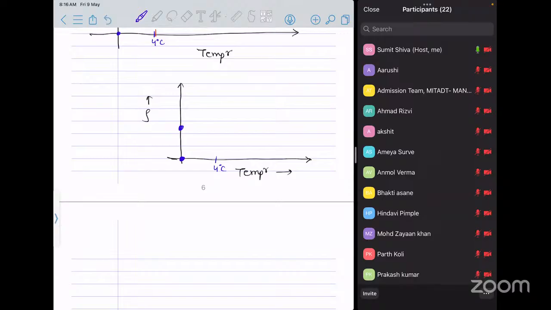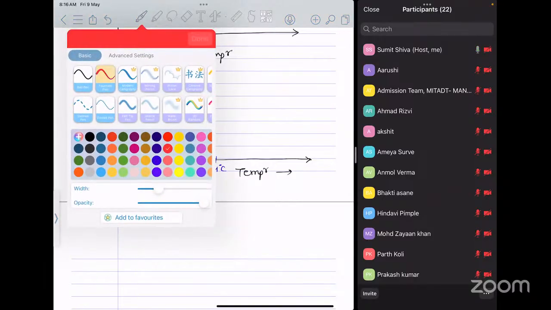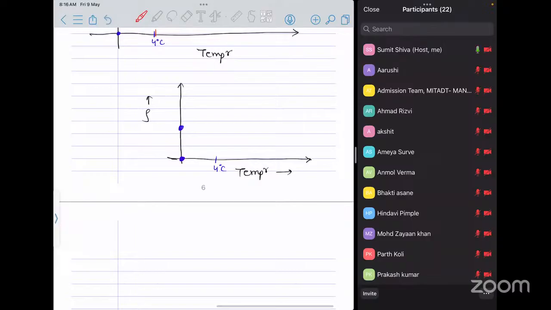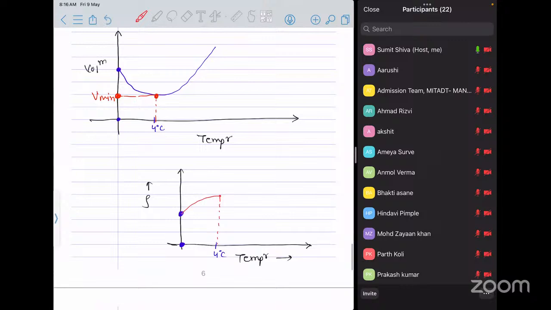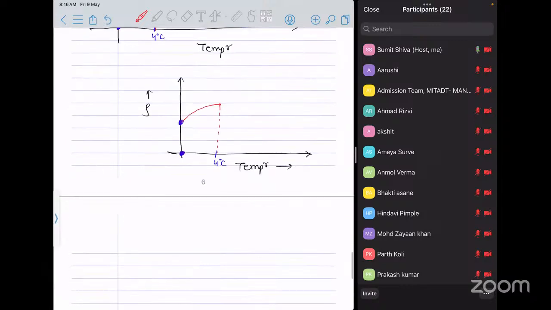When we increase the temperature between 0 to 4, volume will decrease, which means density will increase, and it will peak its value at 4 degrees Celsius. After 4 degrees Celsius, there will be increment in the volume, due to which density will go down and the graph will be like this.